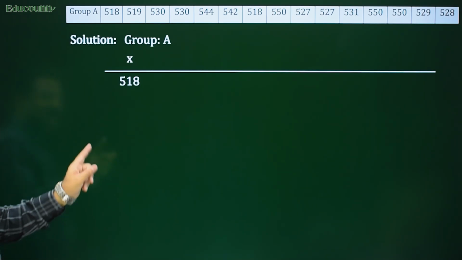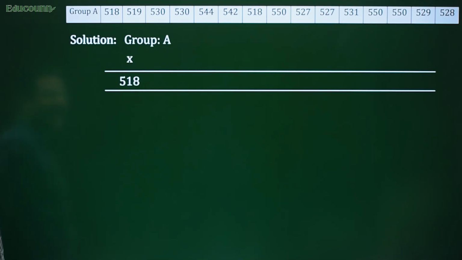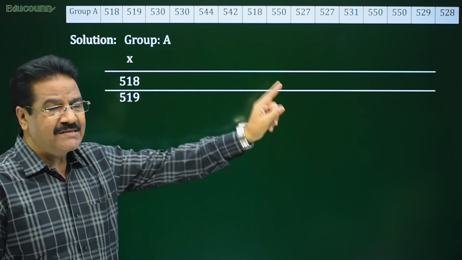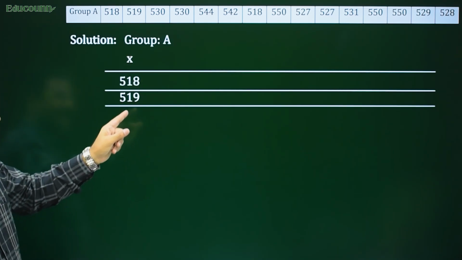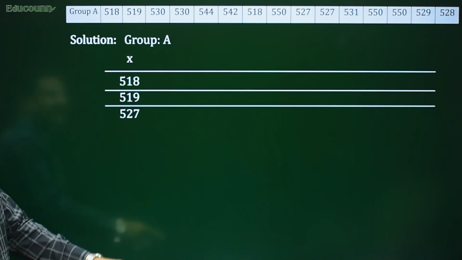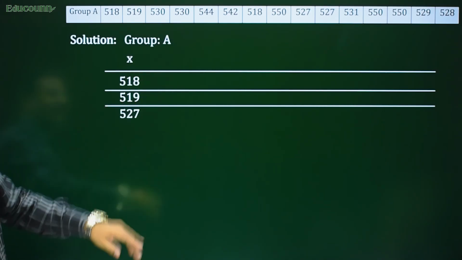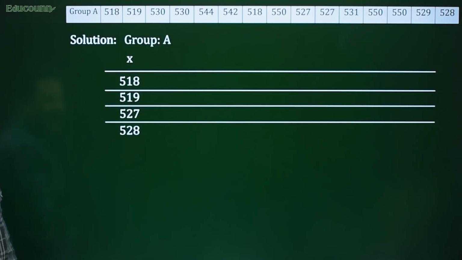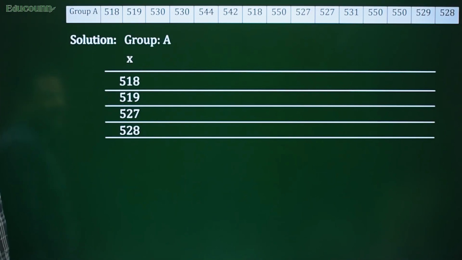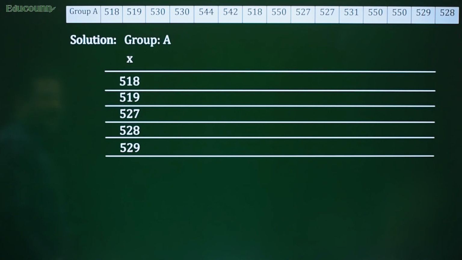Then let us write down this 518, 519. We'll write down everything in sequence. After 19, we can see that which is the next term, that is 527. After that, 528, then 529. Then observe that next term is 530 is also present.